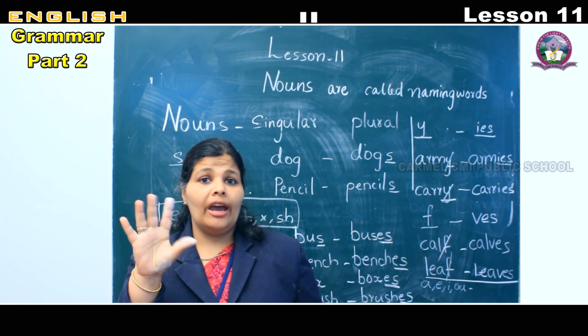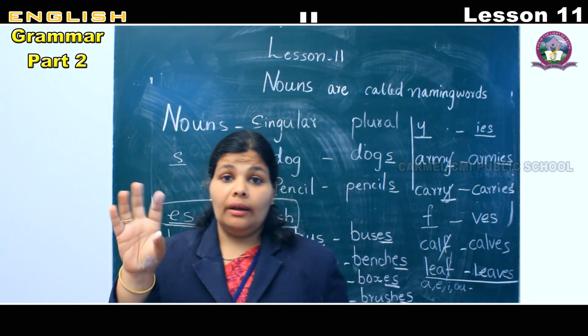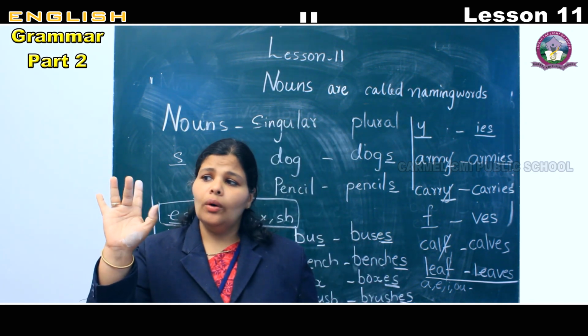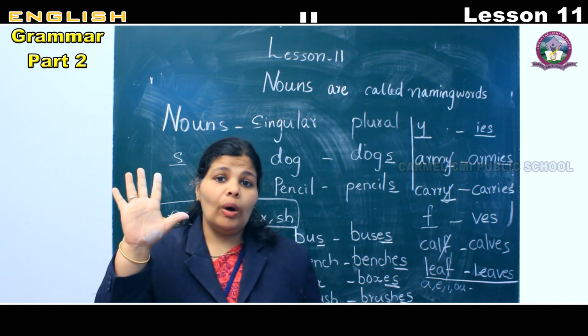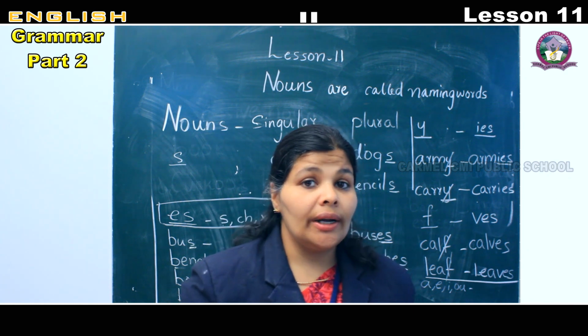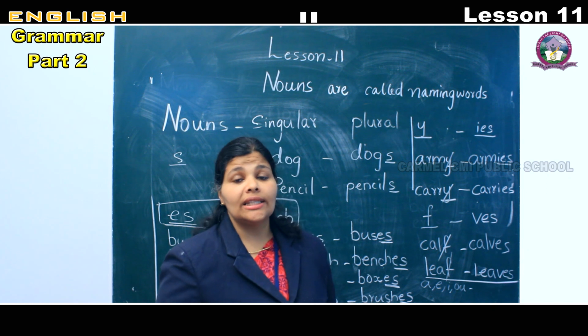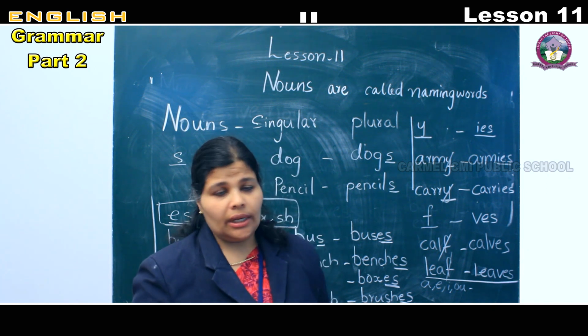How many fingers do we have? 5. And 5 vowels are there. A, E, I, O, U. How many vowels? 5. The remaining 21 letters are consonants.